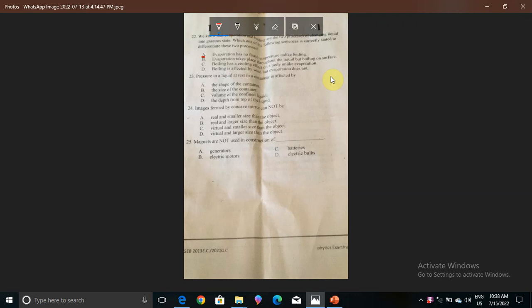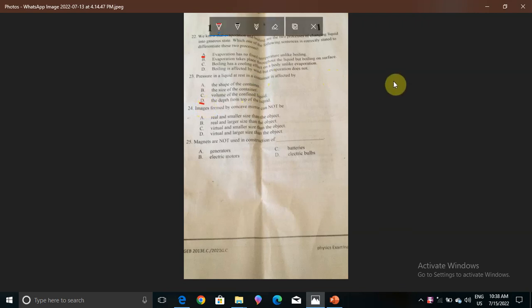The shape of the container, the size of the container, volume of the confined liquid, or the depth from top of the liquid. Of course it will be the depth, right? The depth from top of the liquid. Pressure in a liquid at rest in a container is affected by the depth from top of the liquid.